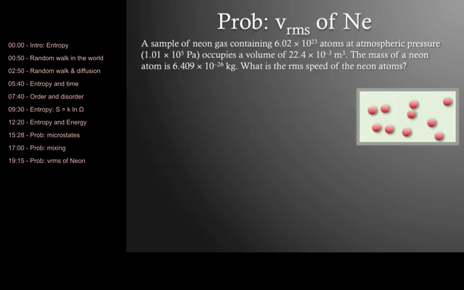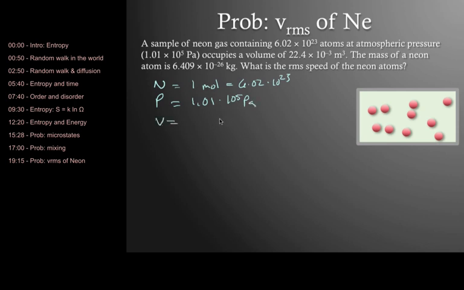So for our final problem, we're going to be looking at a sample of neon gas. This neon gas contains 1 mole, which is 6.02 times 10 to the 23. It's at standard pressure, so 1 atmosphere, which is 10 to the 5th Pascal.